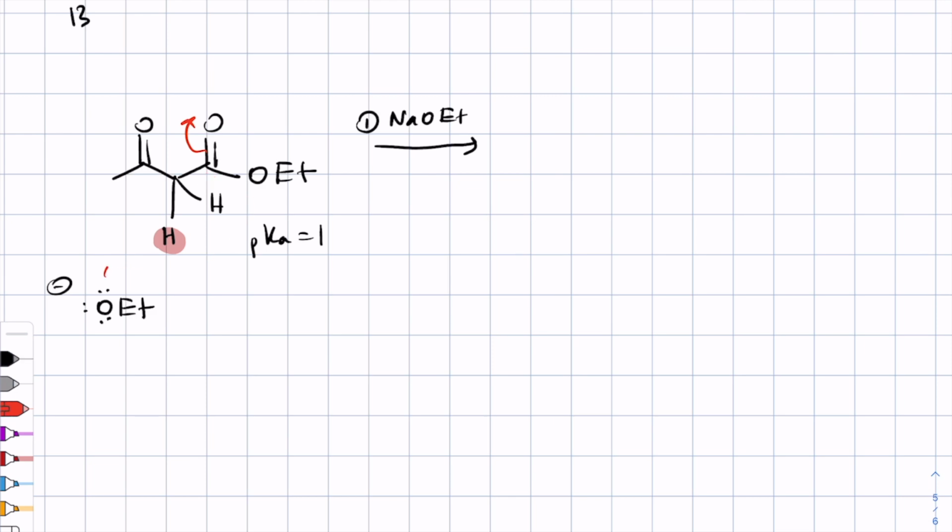Now, ethoxide is a strong enough base to quantitatively remove the proton from the alpha carbon of acetoacetic ester, to generate this enolate. I'm drawing this resonance structure, though you should be able to see in your mind how that negative charge is delocalized on those three positions.